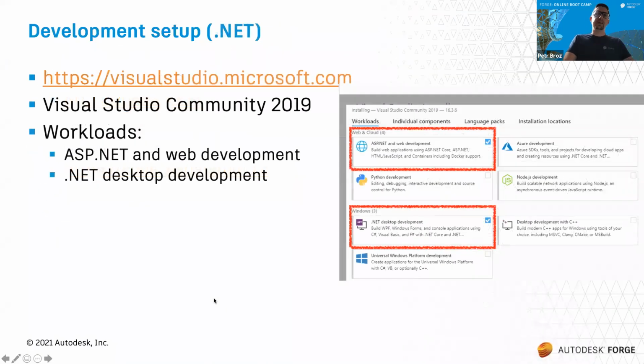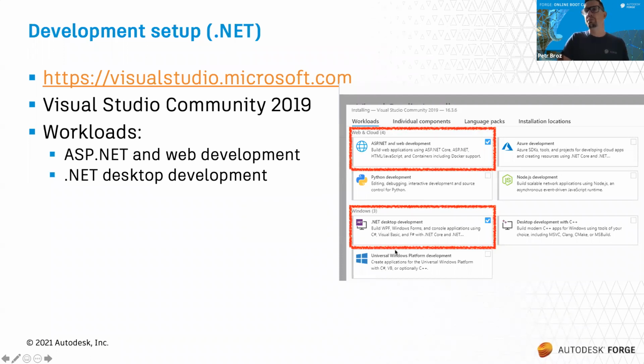Now, if you're a .NET developer, if you've been following our webinars on Monday or Tuesday, you have most likely been using the Visual Studio Community Edition. So feel free to use that one today as well. And to make sure that you can actually run one of the sample applications that we were building on Monday and Tuesday, just make sure that you have the ASP.NET and web development workload and the .NET desktop development workload as well.